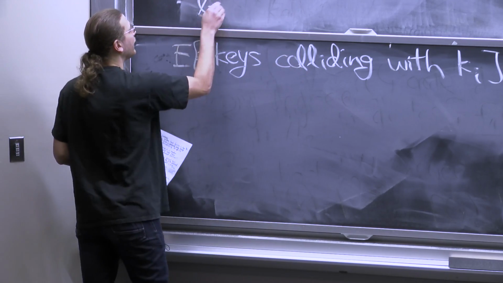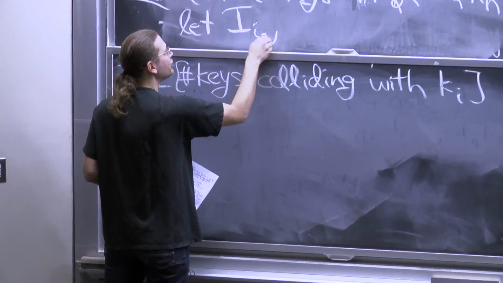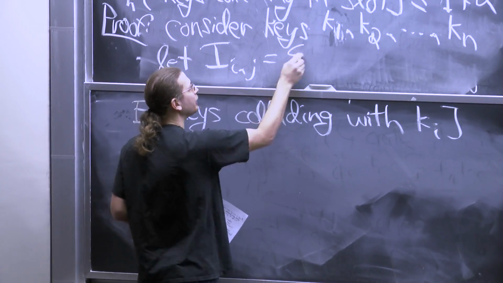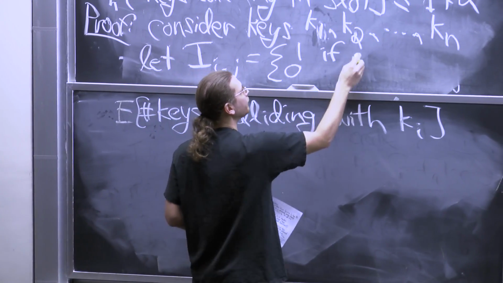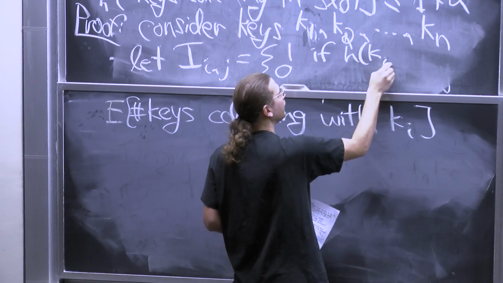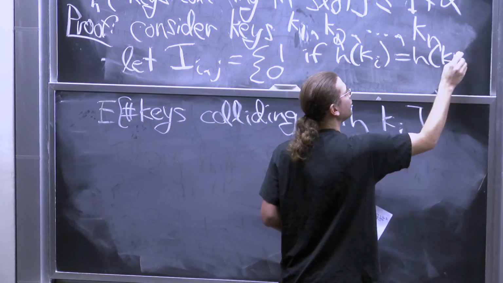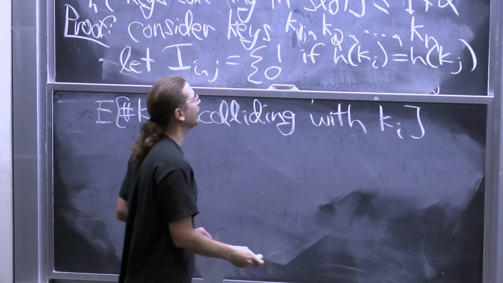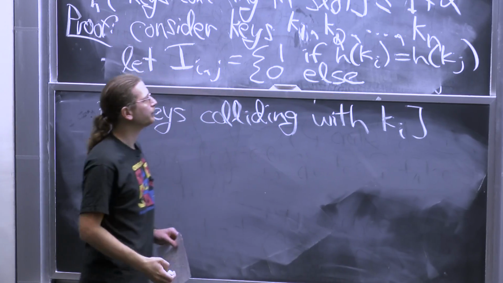So I'm going to use capital I, Iij, to be an indicator random variable. It's going to be 1 or 0. 1 if hash function of Ki equals the hash function of Kj, so there's a collision between Ki and Kj, and 0 if they hash to different slots.